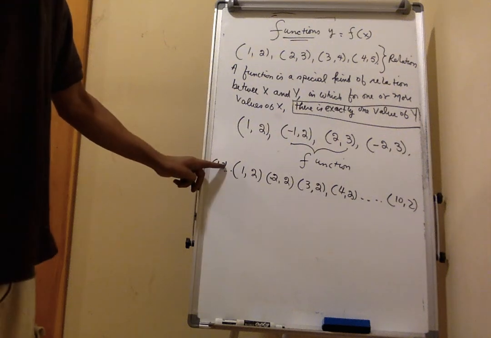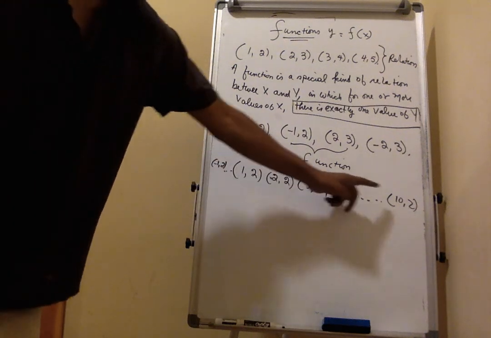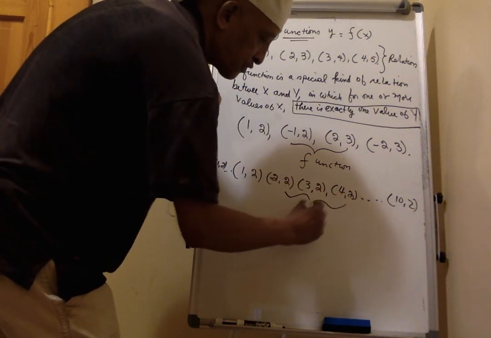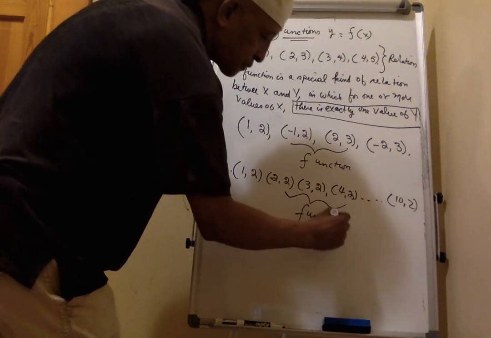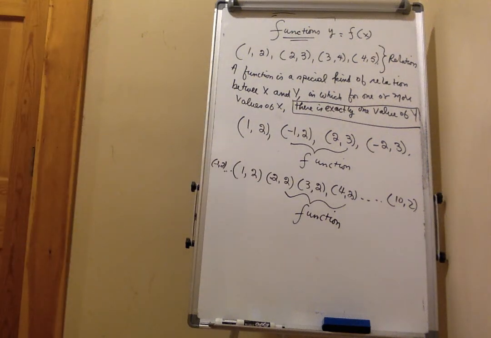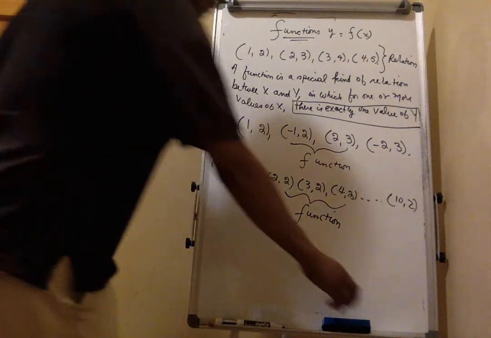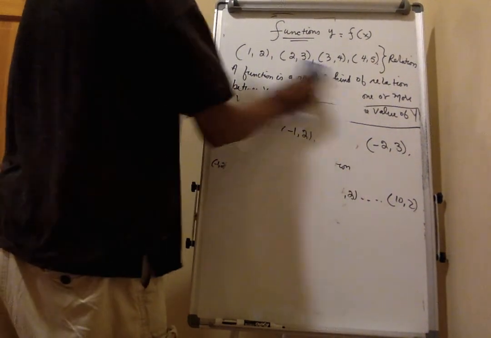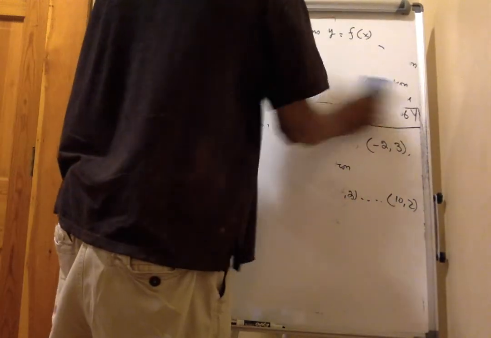But there is only one value of y. Again, this satisfies our definition of a function. Now, if all of these are functions, what is not a function?